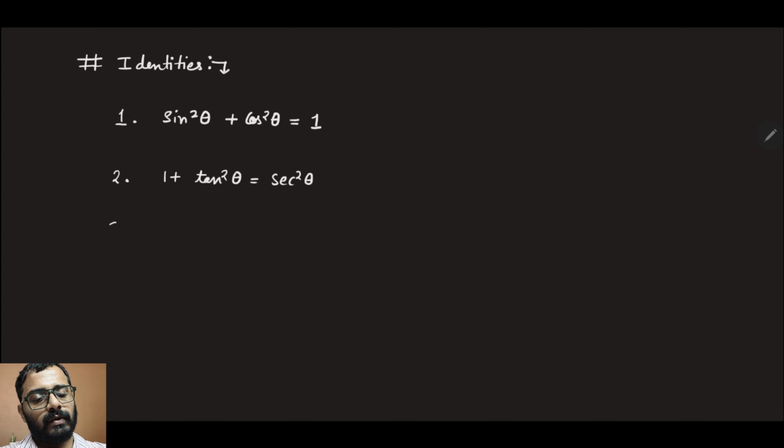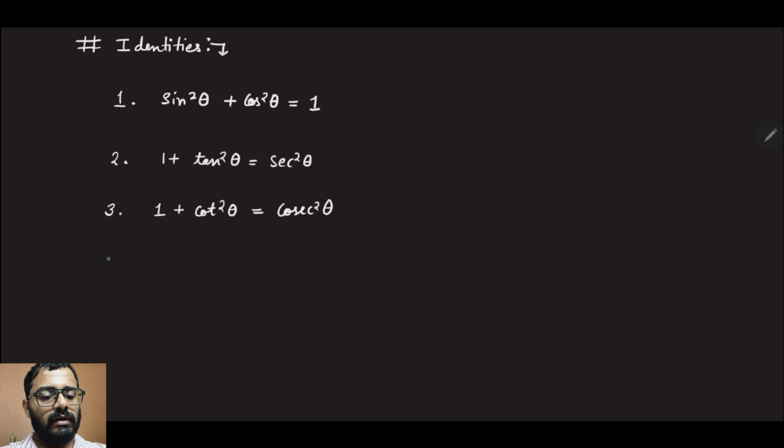Third is 1 plus cot square theta equals cosecant square theta. So these three identities you must remember. After that, we have a few more identities that are mostly new for a few people.